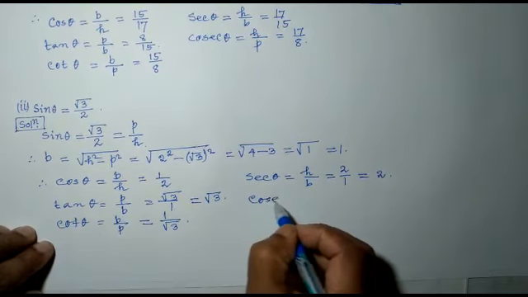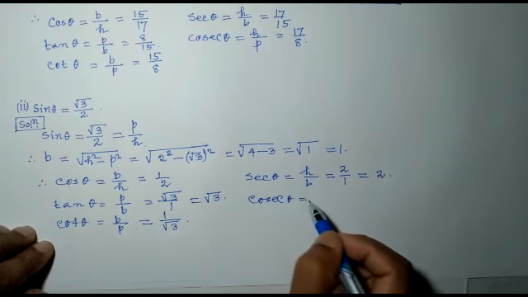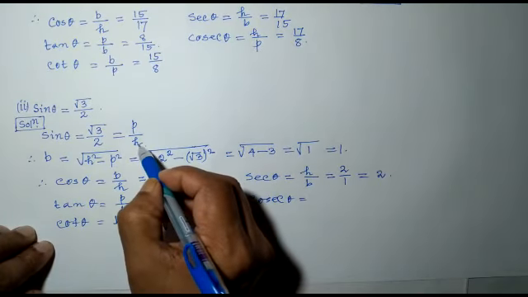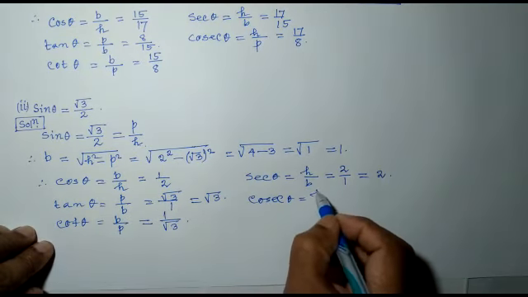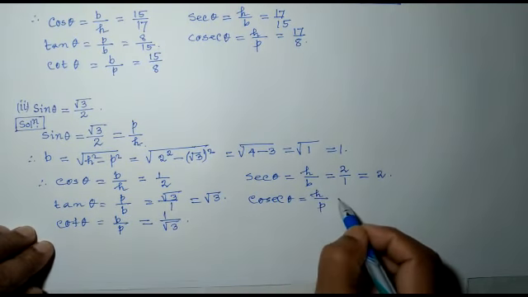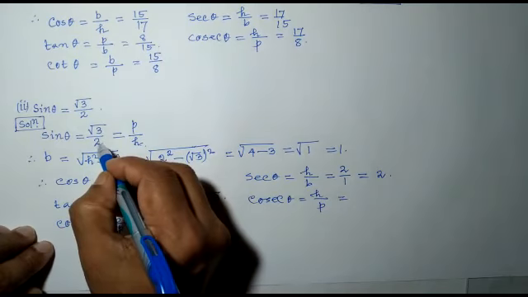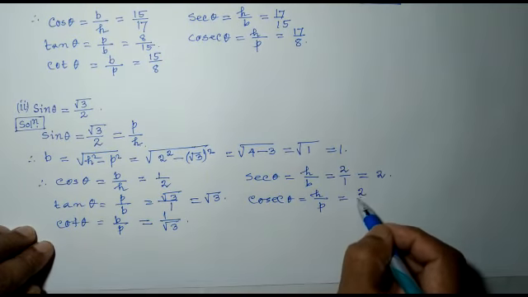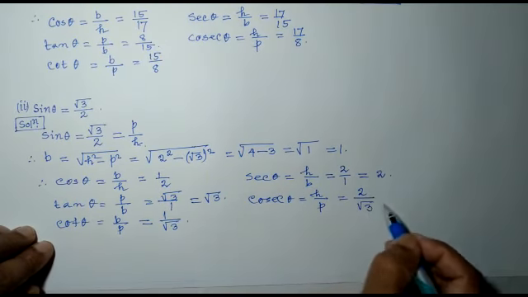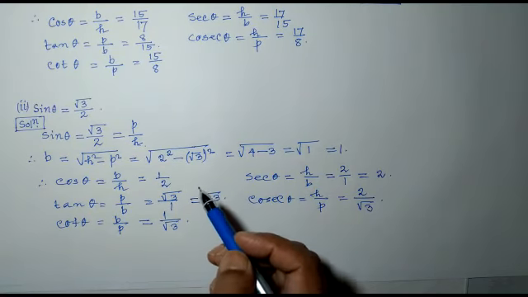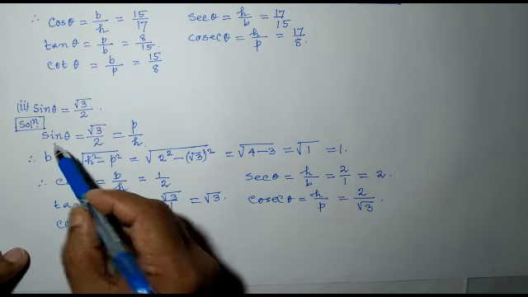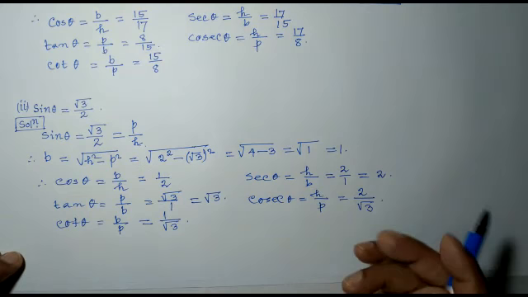Cosec theta. For cosec theta, just make this formula. Hypotenuse up and perpendicular down. Hypotenuse by perpendicular, and the values from here: 2 up, root 3 down, 2 by root 3. So these are the 5 trigonometric ratios from this sin theta. So these are the answers.